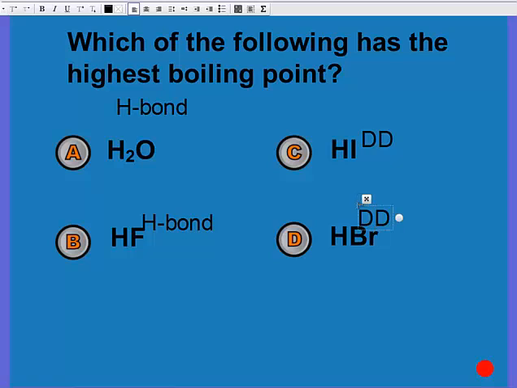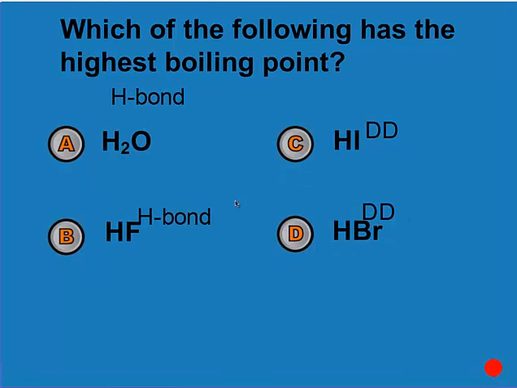And HBr is dipole-dipole. So if we're looking for the highest boiling point, we're looking for the highest IMF. So C and D are out. But both A and B have hydrogen bonding. To figure out which one has the greatest hydrogen bonding force, we're going to look at which one can undergo the most hydrogen bonds.